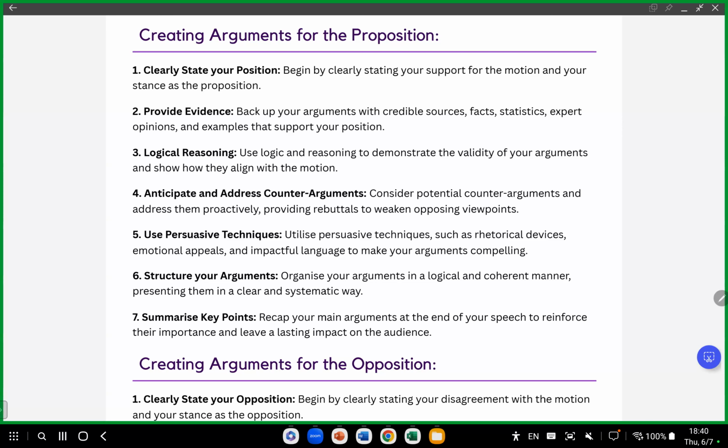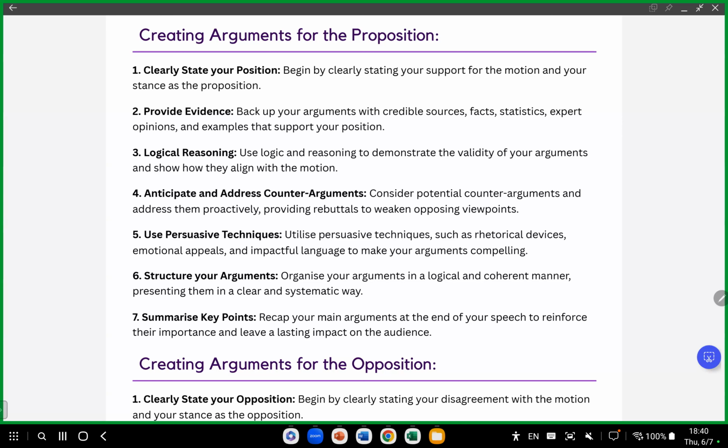So to use logic, we make sure that we write our arguments in a way that makes sense to everybody. And reasoning means that if you explain your argument to somebody, they're able to listen to what you have to say, and then they will be able to follow along with it.